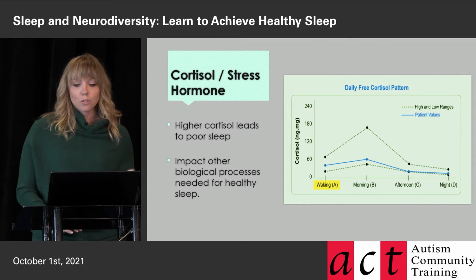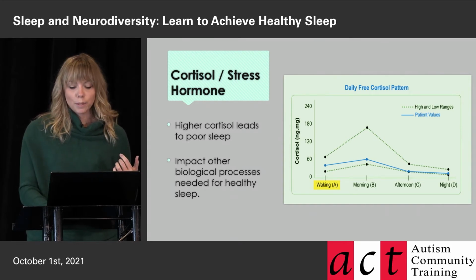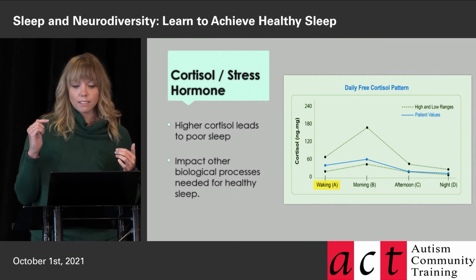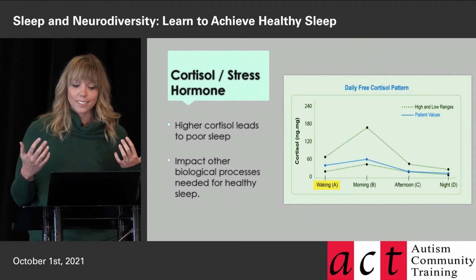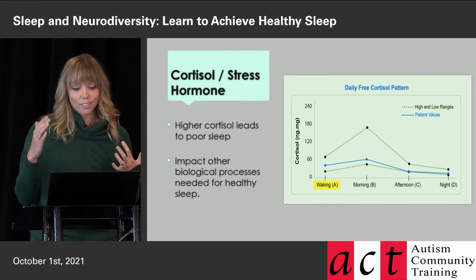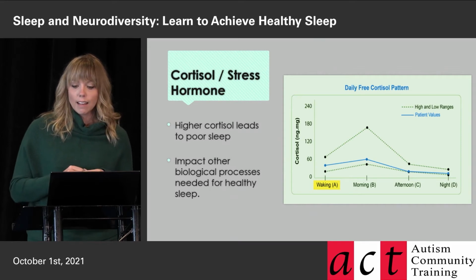Cortisol has its own rhythm, just like all of the other hormones and systems we have talked about. In the graph, you'll see three different levels. The top one is the high range, where the cortisol level is quite high. Then you've got the lower range. Being right in the middle, on the blue line, is where you'd like to be.